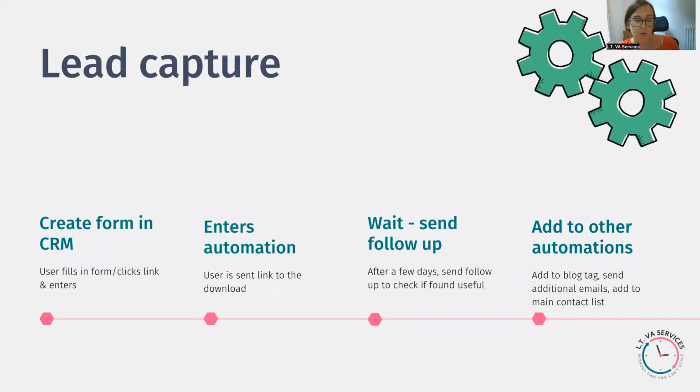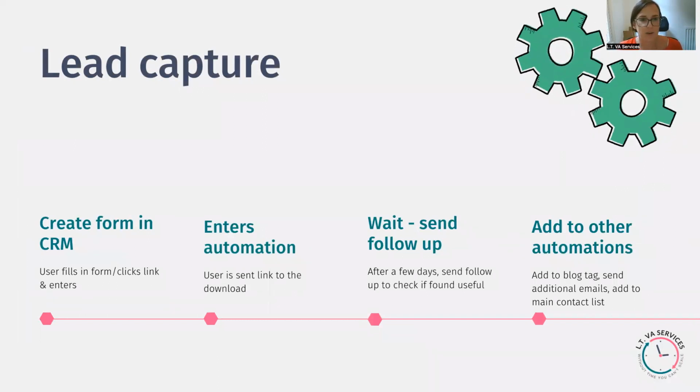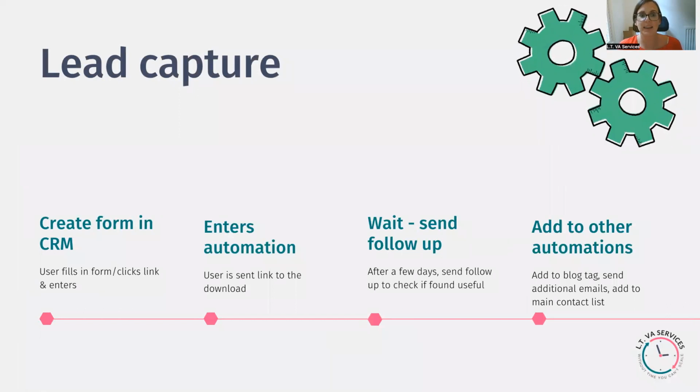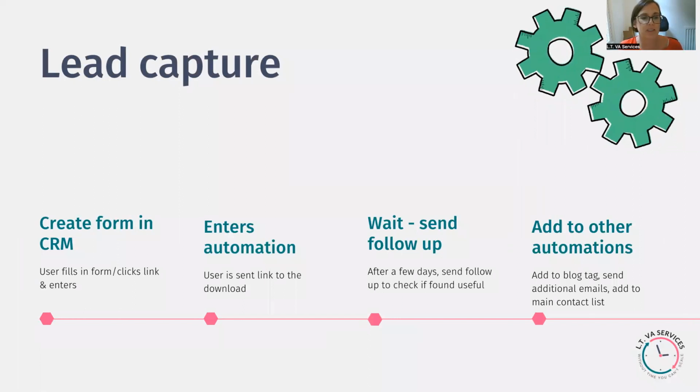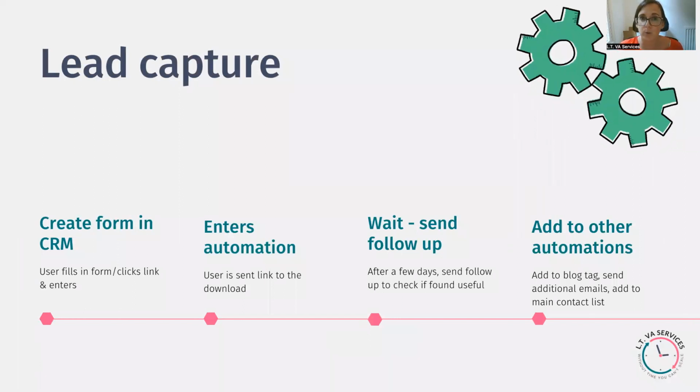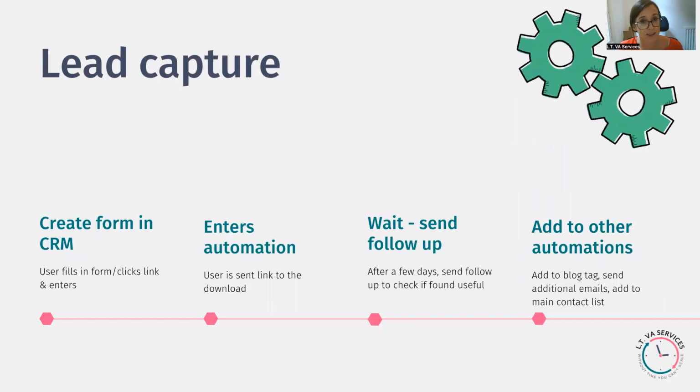A great example of why automation is so brilliant and why you should have a CRM system is capturing your leads. This is an example of how to lead capture. You create your form in your CRM system. The user fills in the form and clicks a link and then enters into your system.